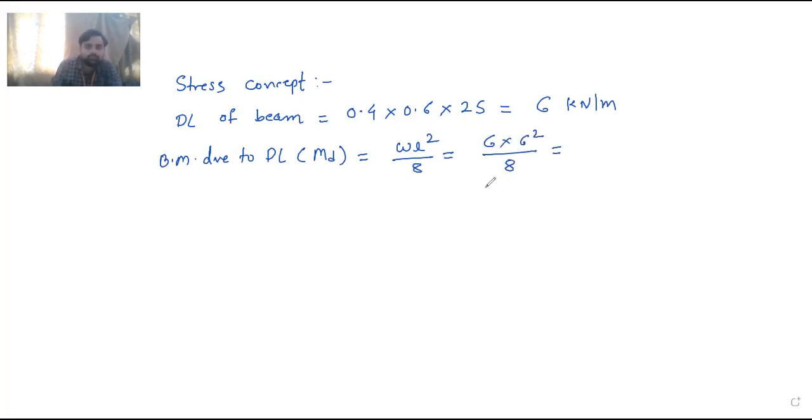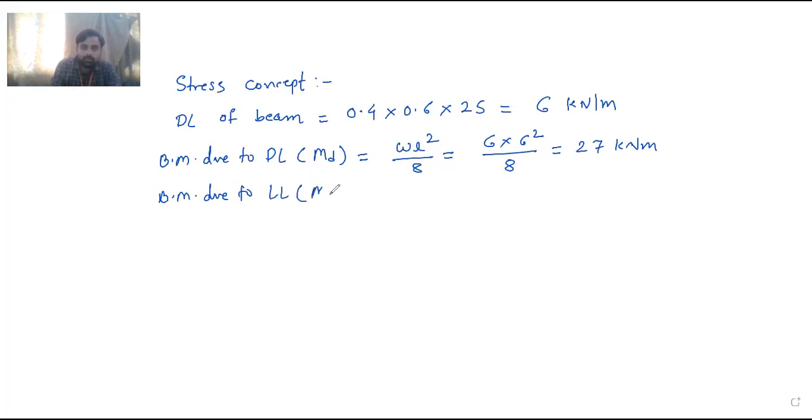What is the answer? 27. Okay. 27 kilonewton meter.